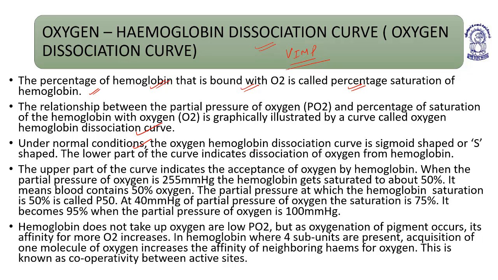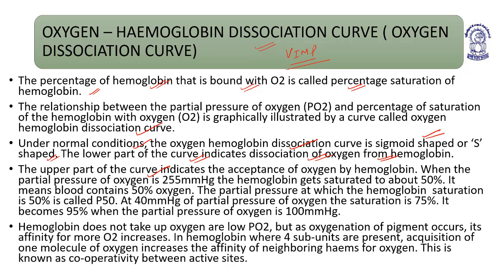Under normal conditions, the oxygen hemoglobin dissociation curve is sigmoid shaped, or S shaped. The lower part of the curve indicates the dissociation of oxygen from hemoglobin.